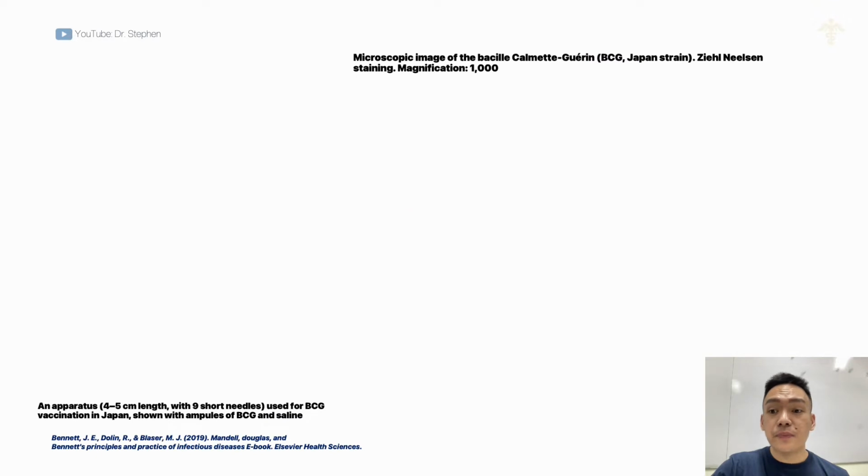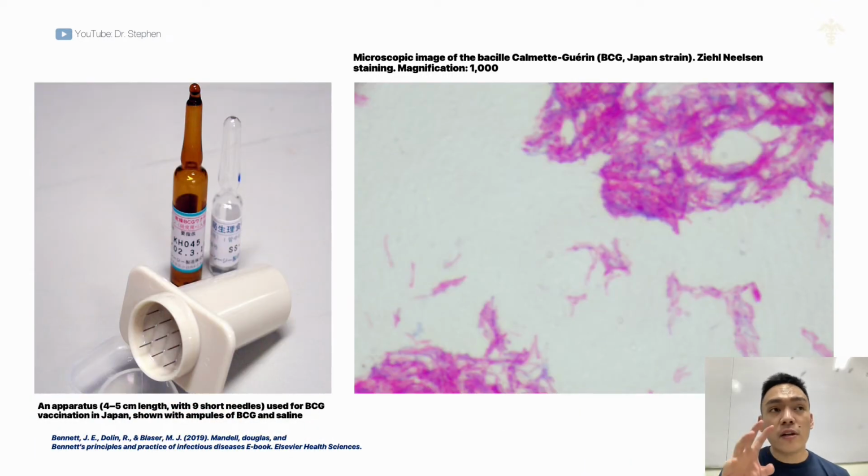Moving forward, I have here photos of the epidemiologic studies, which suggest that vaccination with BCG at birth will significantly reduce the childhood mortality caused by non-related infections. However, the evidence for this causal link is missing.